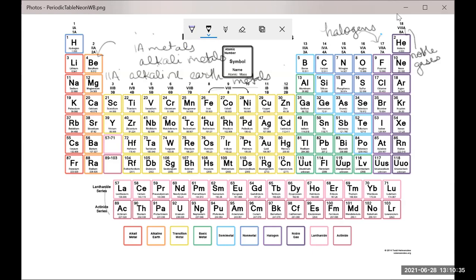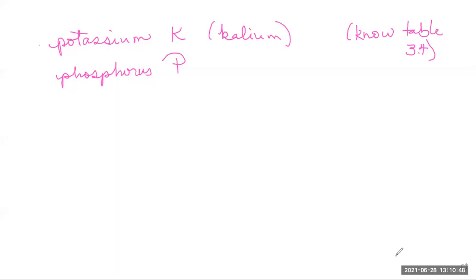So let's talk a little bit more about our elements as well. Now that we have the basic structure of our periodic table, let's talk about one other aspect before we get to compounds. And that is there are 7 diatomic molecular elements that you need to know.